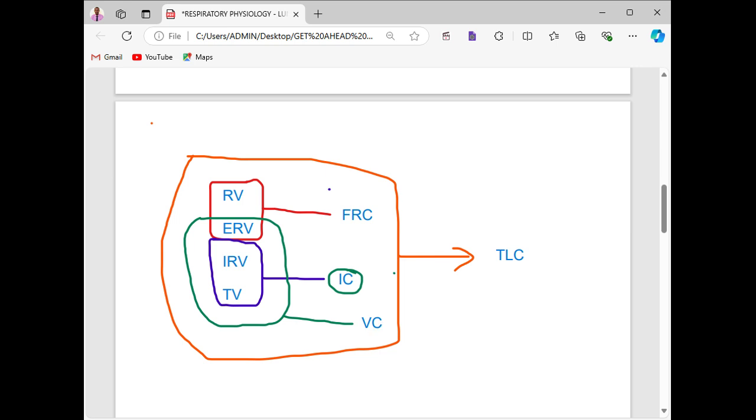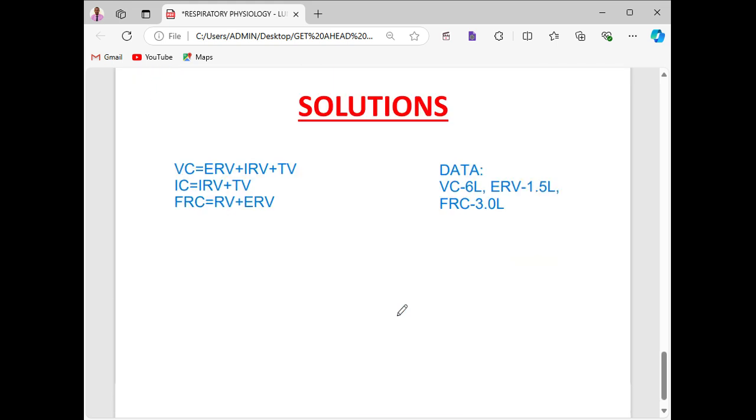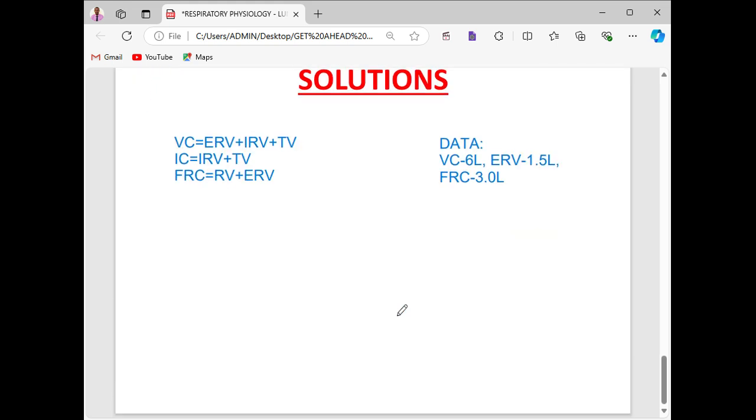VC comprises IC including ERV. Hopefully you are seeing that VC has IC and the ERV. That is why you need to know that particular way of remembering the formulas.